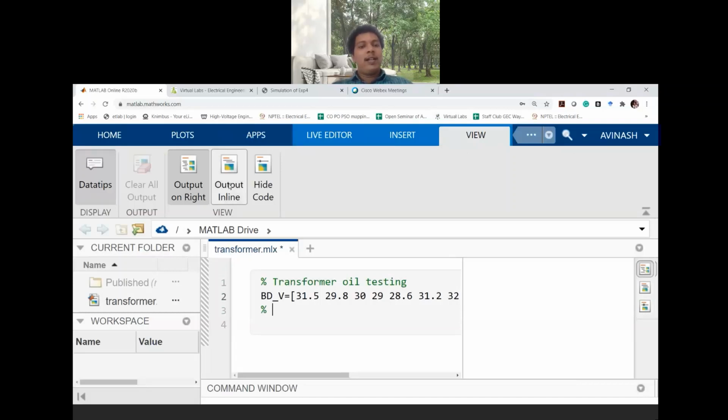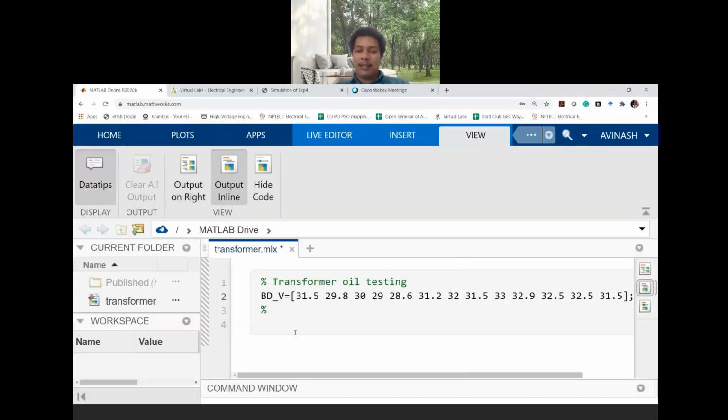You can even change the way it looks, like you can put the output inline, so it will come down. Now these are our breakdown voltage values. So my results: one is the average breakdown voltage.